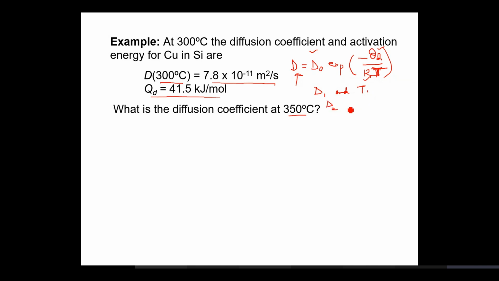For the second condition you have to find D2 for the temperature T2 which is given to you. The value of QD is given, R is 8.314 joules per mole per Kelvin. So you have to find out the diffusion coefficient at 350 degrees centigrade. Can you find it out? Yes, sir. All right. So you have about 5 minutes, try to solve it, and if you have found it out, let me know.